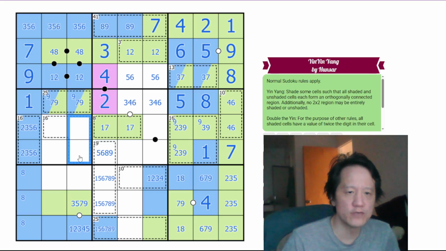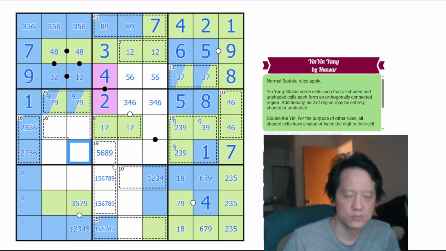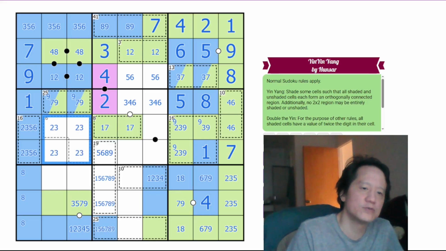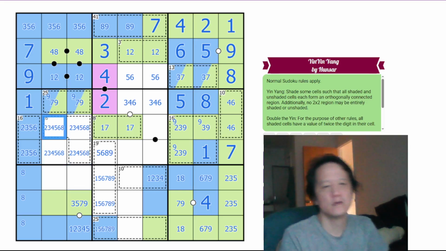At least one of these is unshaded. We're not sure if all of them are. The rest of these digits in box 4 are 2, 3, 4, 5, 6, and 8. Okay.